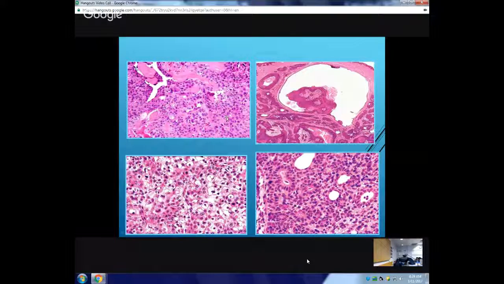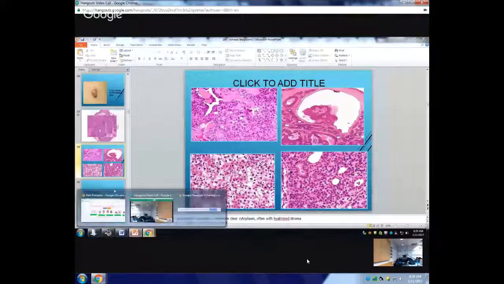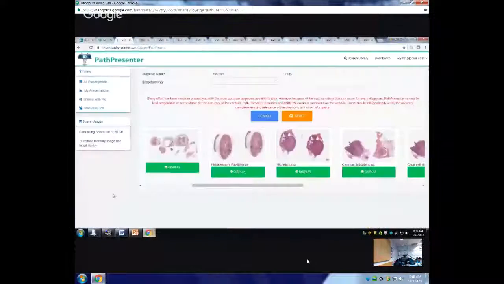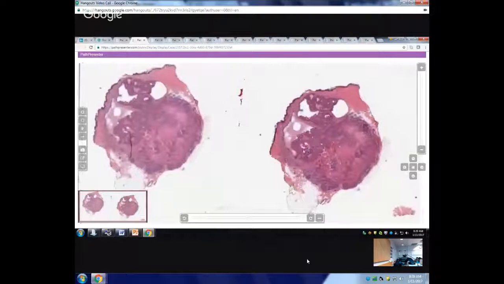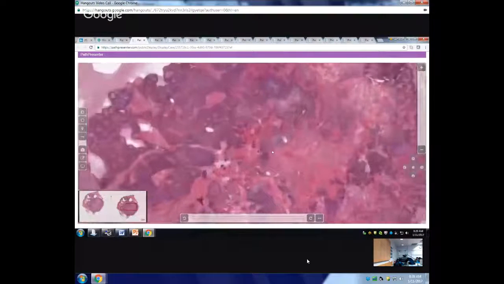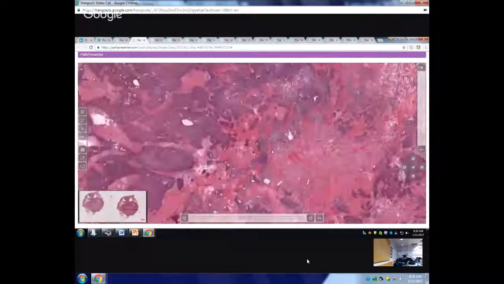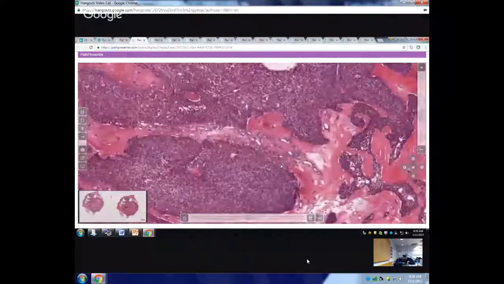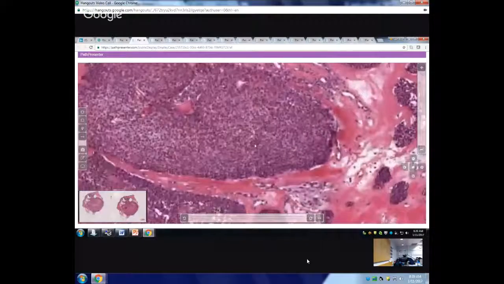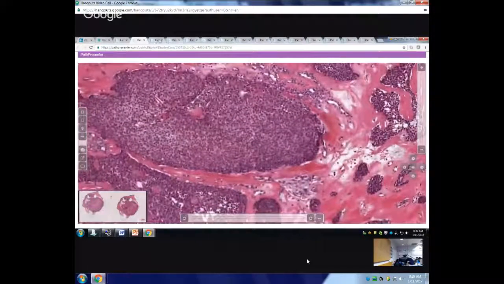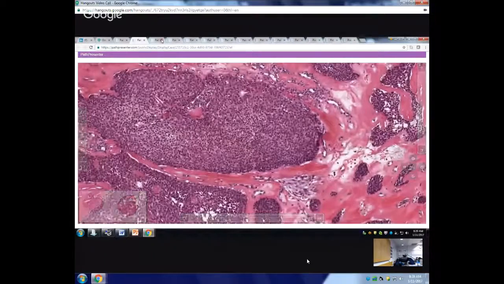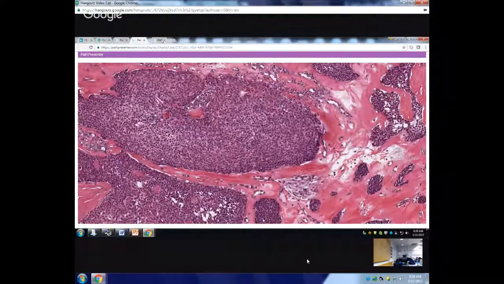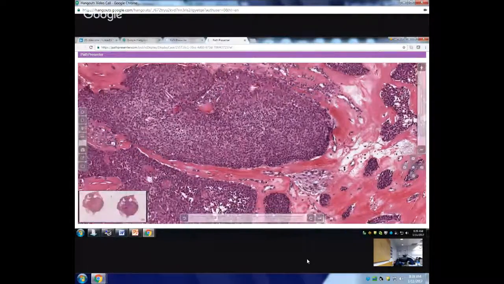Okay, so let's go to the slide and look for the ducts actually. Let's look at this one carefully.